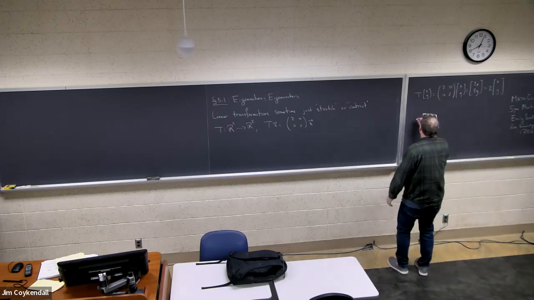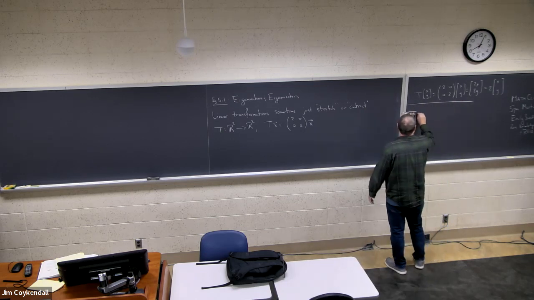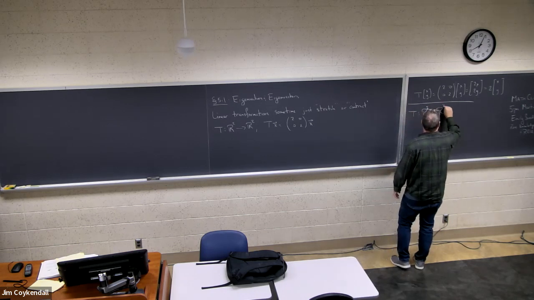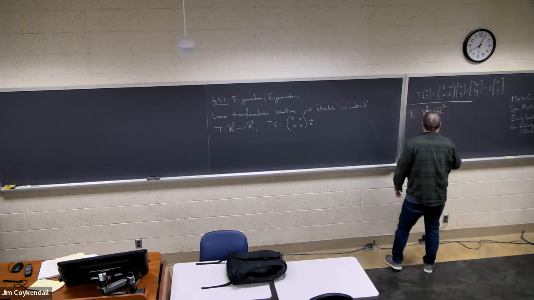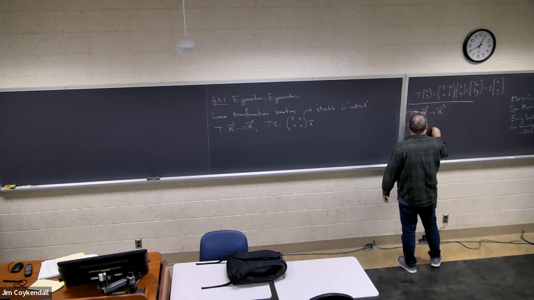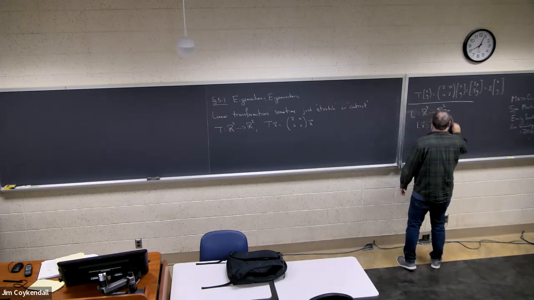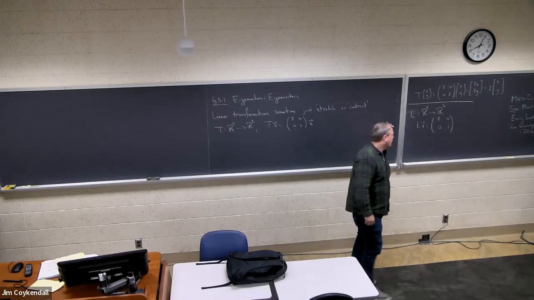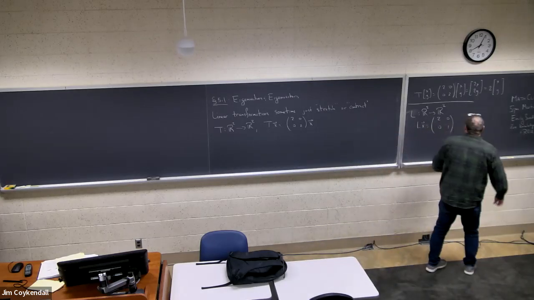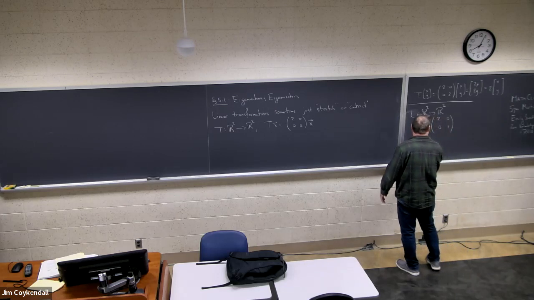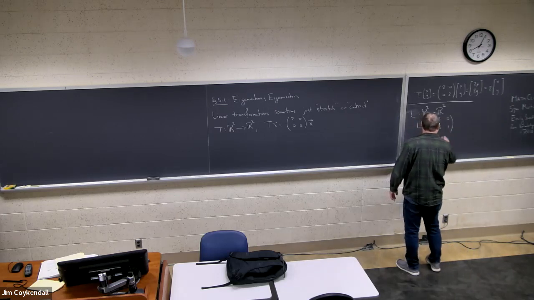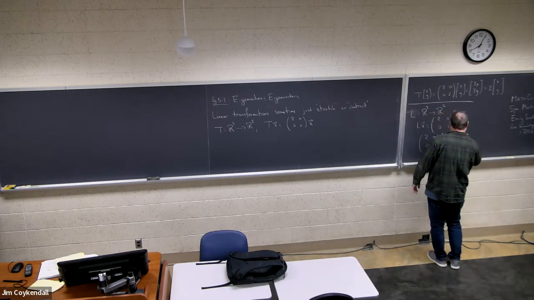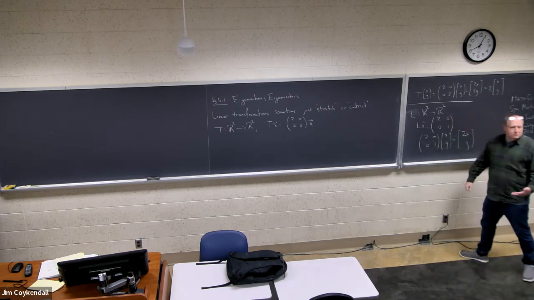What about this? Here's another example. This doesn't double everything necessarily, because if you look at the matrix 2, 0, 0, 1 times x, y, this gives 2x, y. Everybody agree with that?